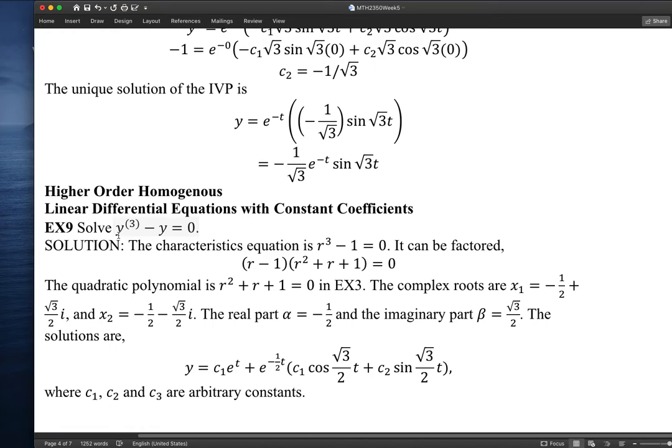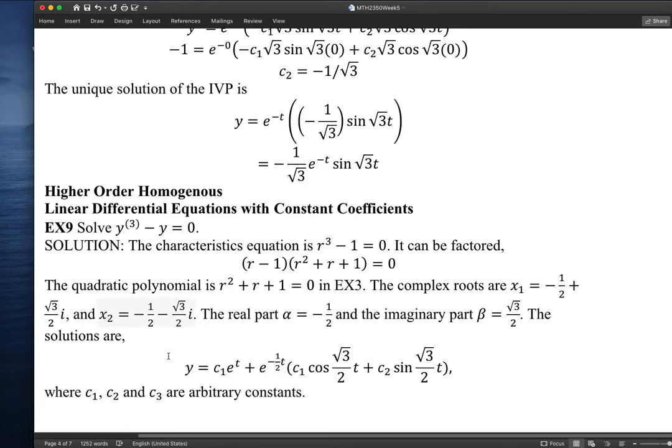And indeed, it is true. The first one is from the real root 1, so it is c1 times e to the t. The 2 other roots are complex, so the other combination is arranged as the exponential function with real part negative 1/2, times the linear combination of cosine and sine with the imaginary part. Example 9.